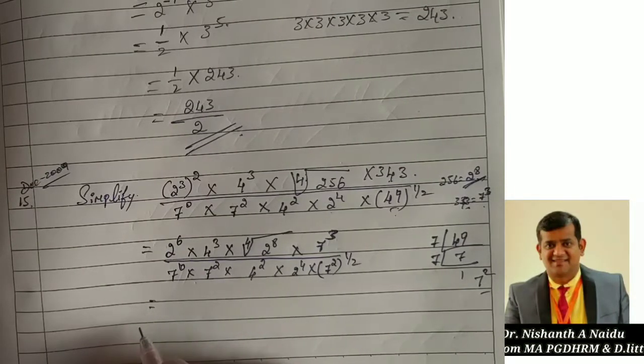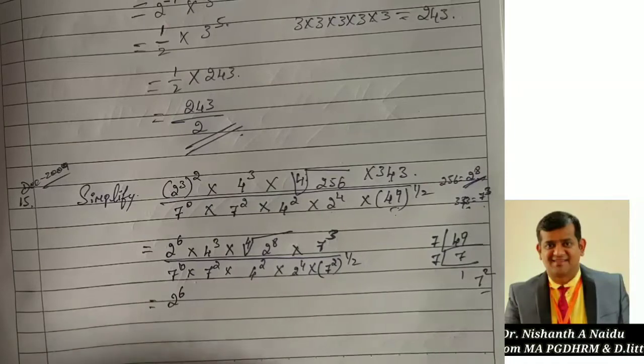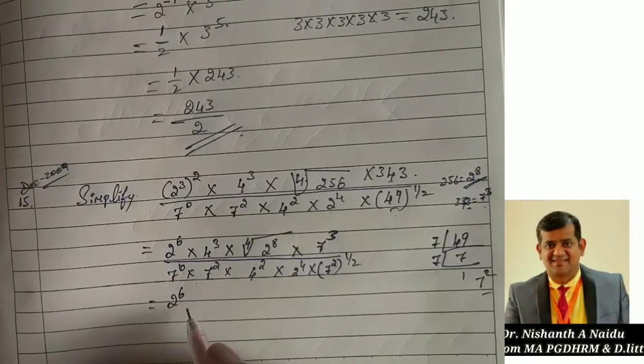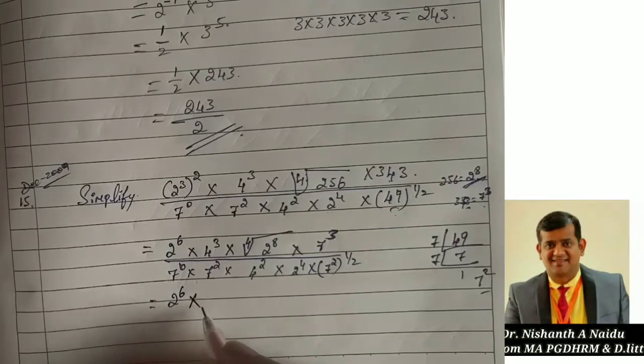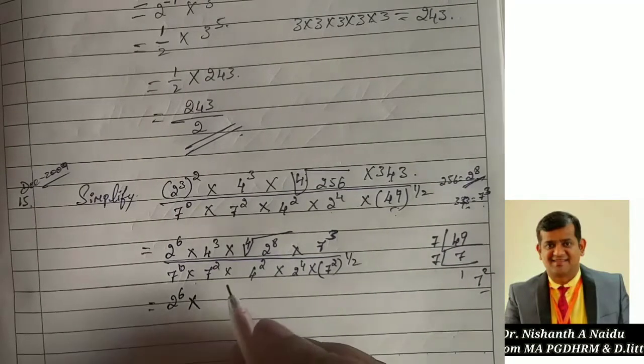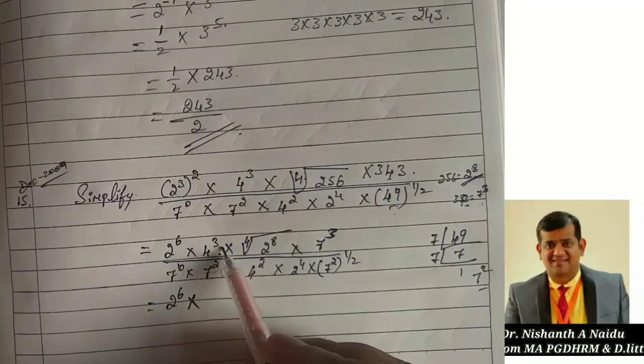When bases are same, powers can be added. So you remember that. So 2 to the power of 6 into... so again we have 4 to the power of 3.